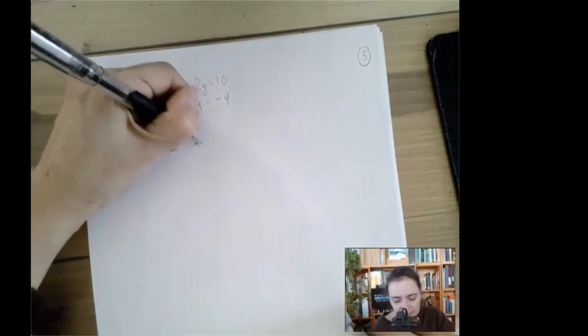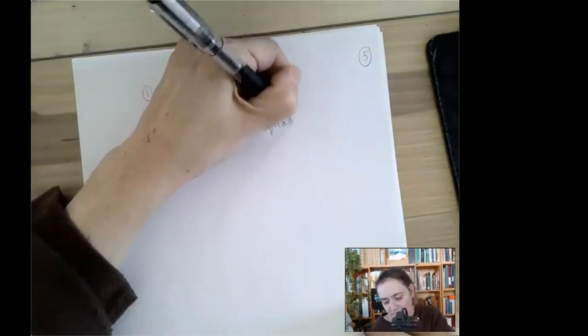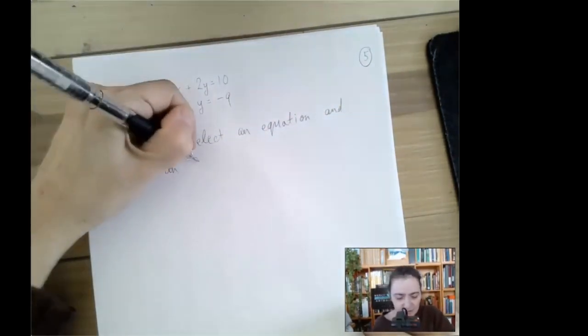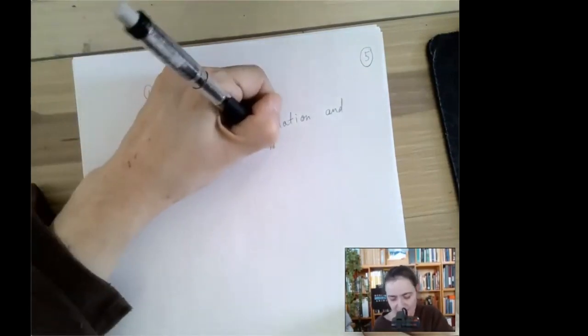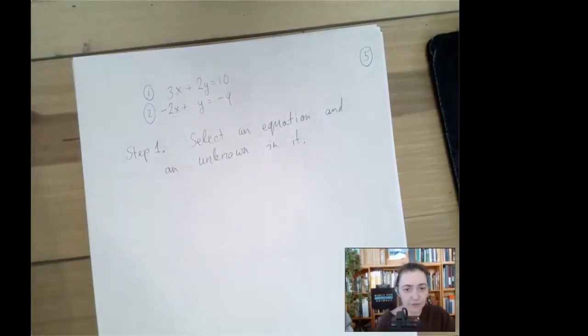So select an equation and an unknown in it. We have 4 options, right? X from the first, Y from the first, X from the second, Y from the second.